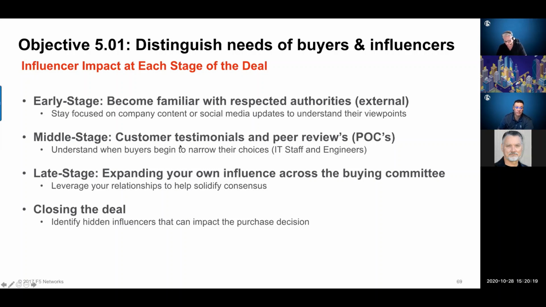But there are going to be different stages where you might be working with the IT staff, right? You might be working with other people and those other influencers we talked about, right? Those stakeholders. Some of these stages you might have to do proof of concepts to show certain things. F5 traditionally we don't do a lot of POCs, but there have been situations where you have to do POCs to prove certain things, right? To show how it can scale out.